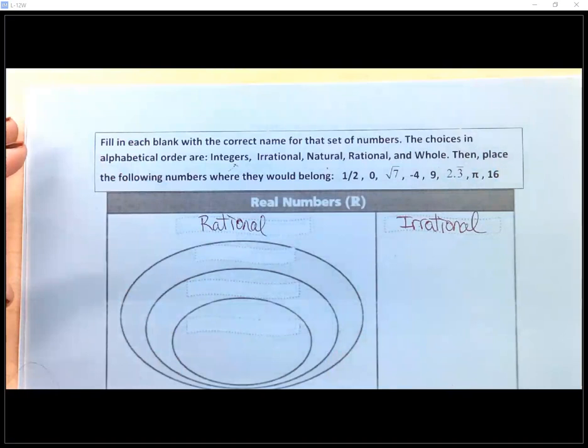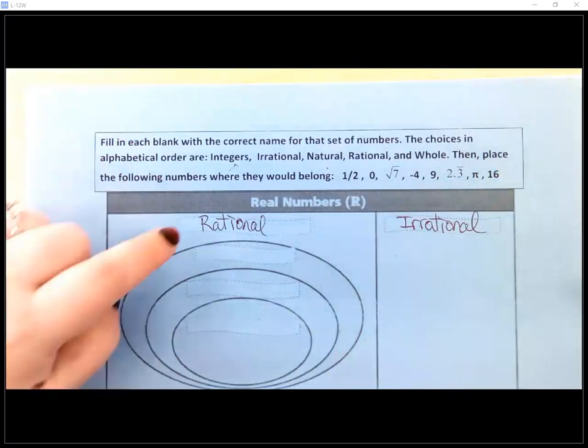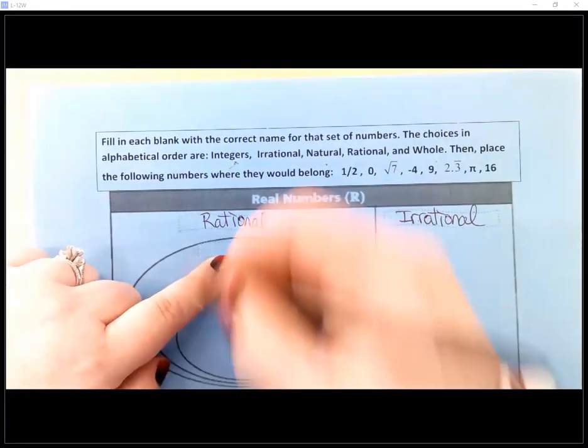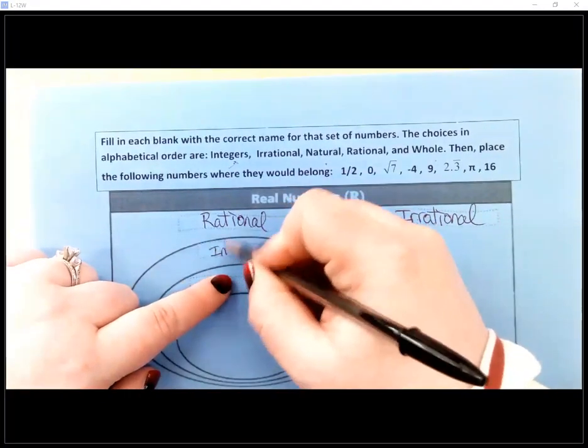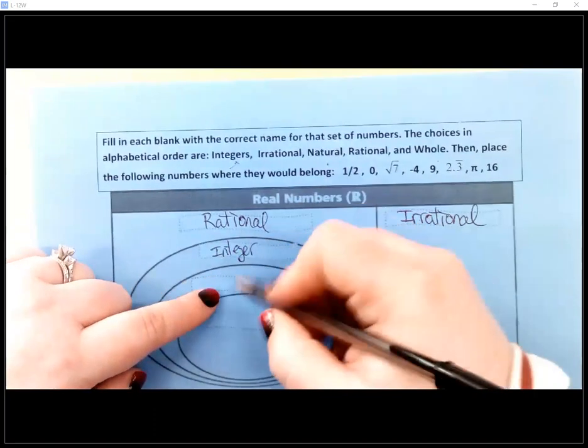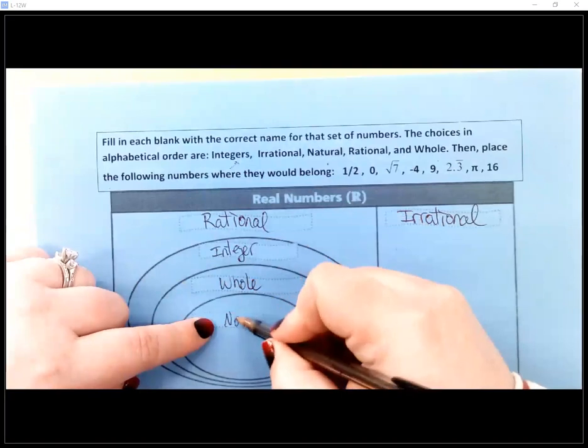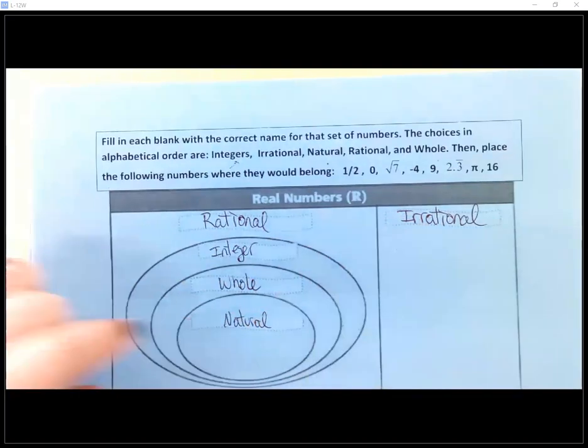Anyway, all right, rationals. What's the first bubble under the rationals? Yes, integers. Then whole, I agree. And then the last one is natural. If you take a look at the Venn diagram, where the bubbles are matters.